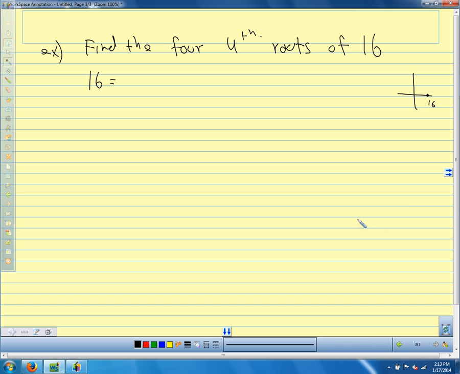How far away is that from the origin? 16. So it's going to be 16. What's our angle here on the x-axis? 0. So 16 cosine 0 plus i sine 0. I'm going to say 0 degrees or 0 radians. Let's do radians.